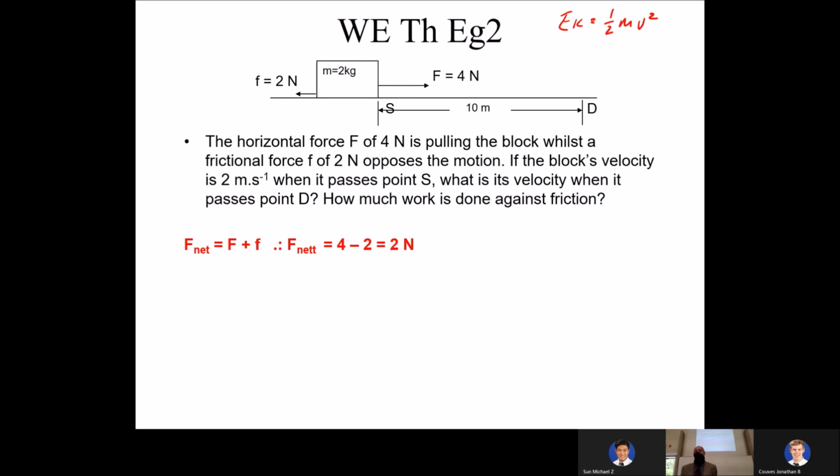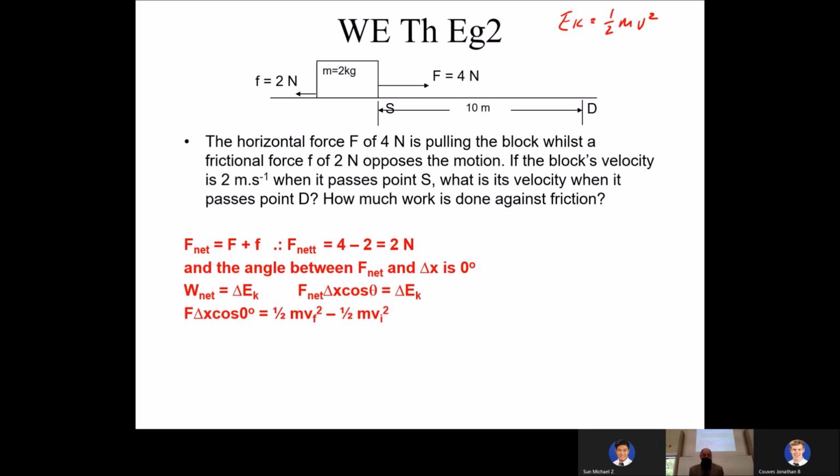So I worked out the net force because I always think that's easier. Then I use the net force to work out the net work. The net work is just going to be your net force times delta x cos theta. So when would theta in this case be 180? If you were considering the work done by F2, it's moving that way, F2 is that way.